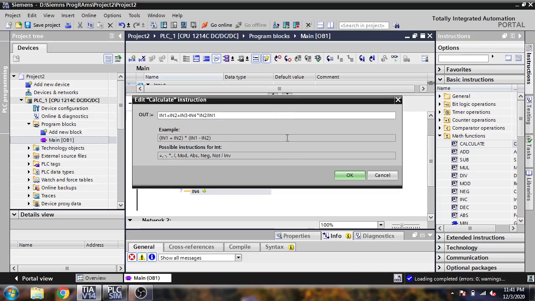So you will see our calculate function has now been created.